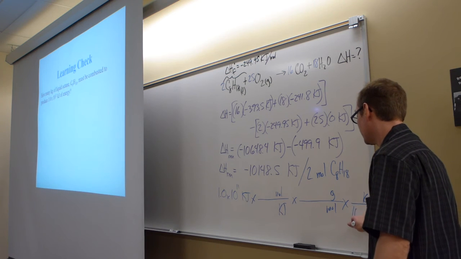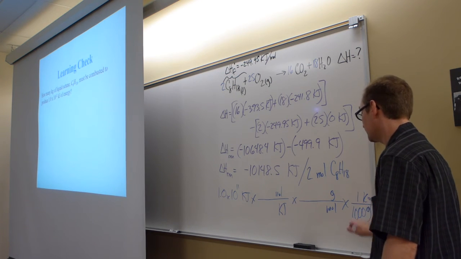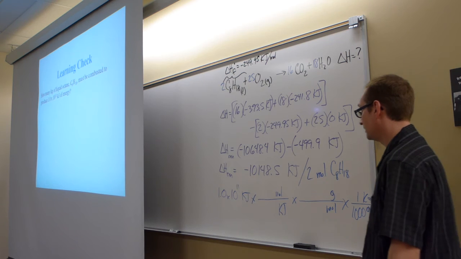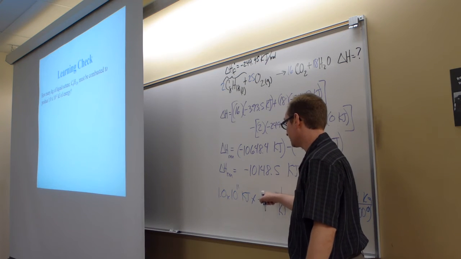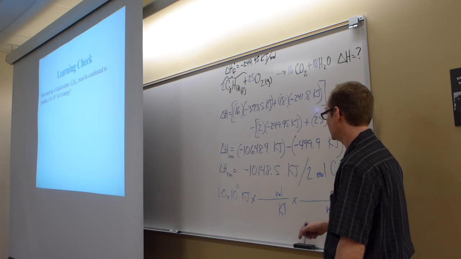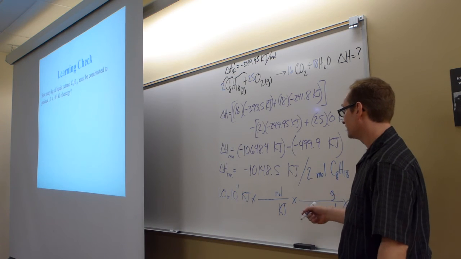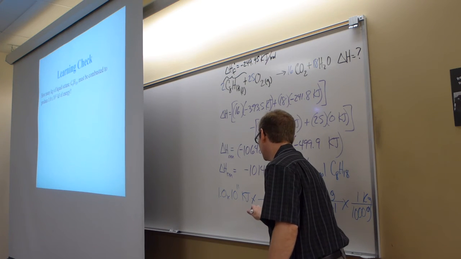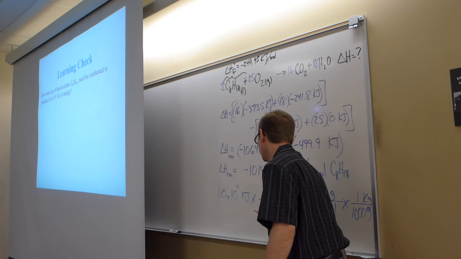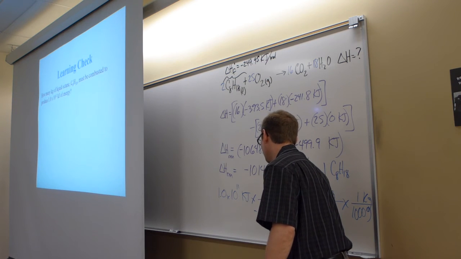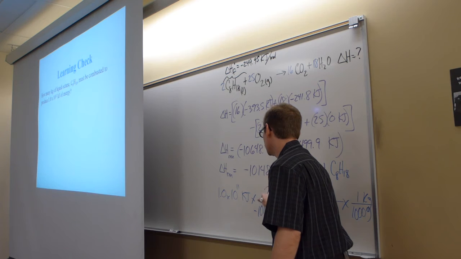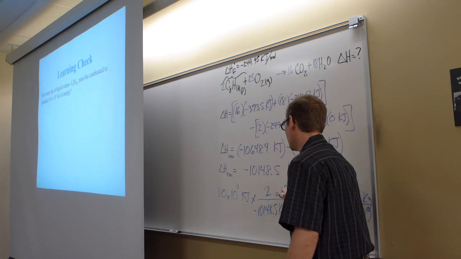We know that there's 1,000 grams in 1 kilogram. What numbers can we put here, mole to kilojoules? Well, this is it. So we can say negative 1,148.5 kilojoules for every 2 moles of C8H18.